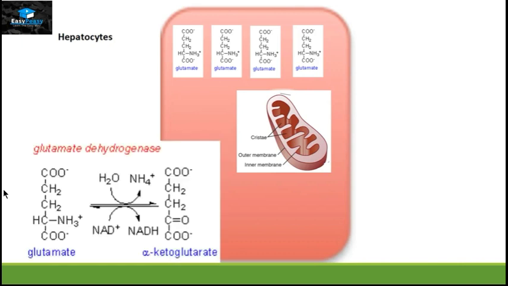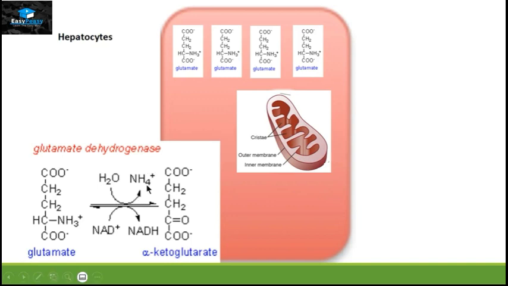So for us to be able to maintain the glutamate and alpha ketoglutarate of the body system, there is a back and forth. It is a reversible reaction, and it is catalyzed by glutamate dehydrogenase, which converts glutamate back to alpha ketoglutarate.